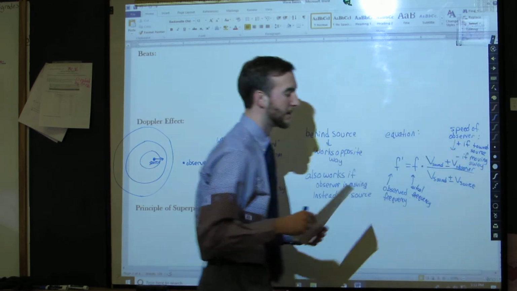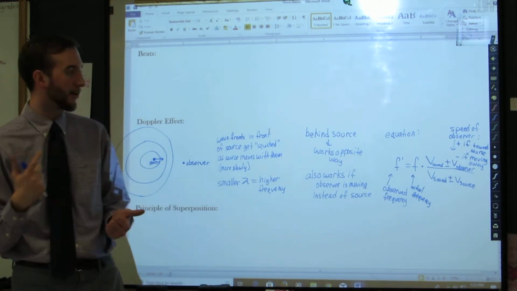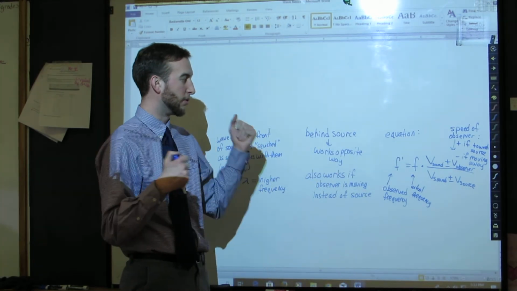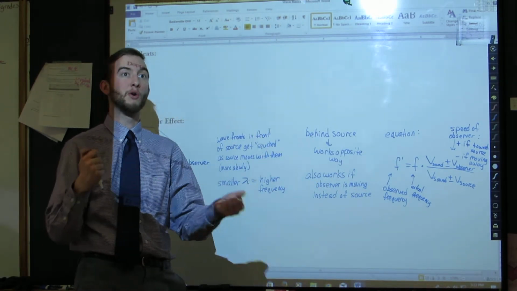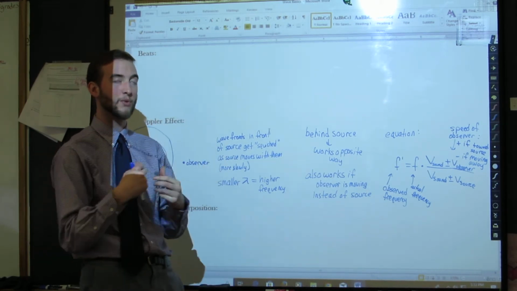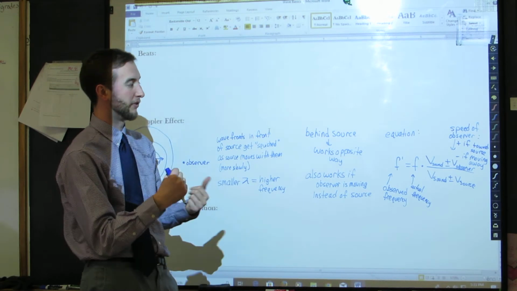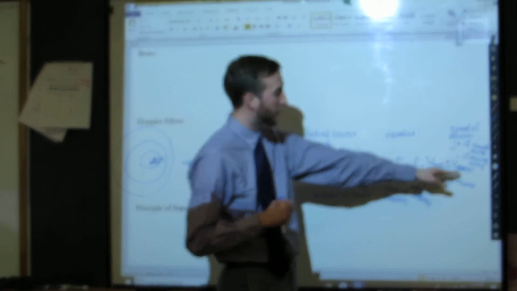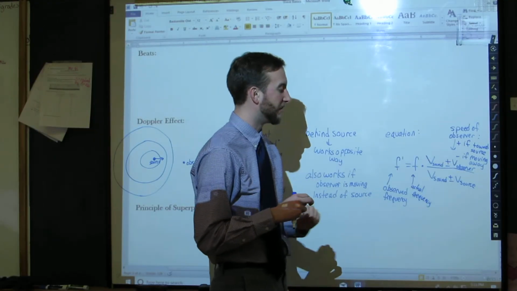That makes sense. If the observer is moving towards the source, you would expect to hear a higher pitch. We would want to make the numerator bigger. If he's moving away from the source, you would expect to hear a lower pitch. He's not getting as many wavelengths coming to him as quickly. They seem more spaced out. Frequency seems lower. So that part makes sense. Positive, this is a plus sign if he's moving towards the source, minus sign if he's moving away.